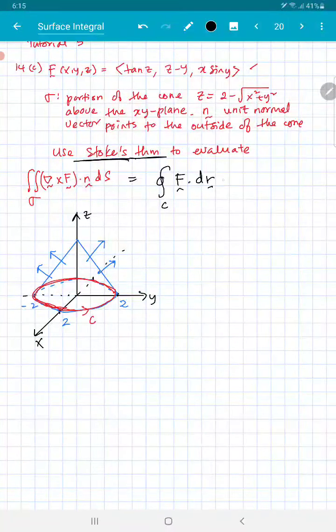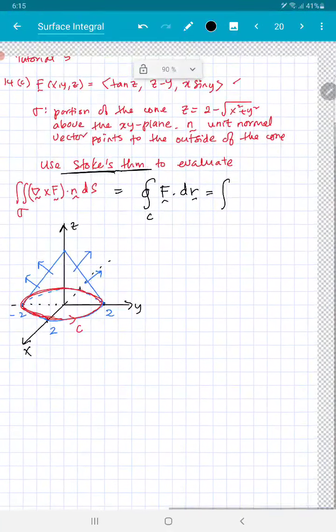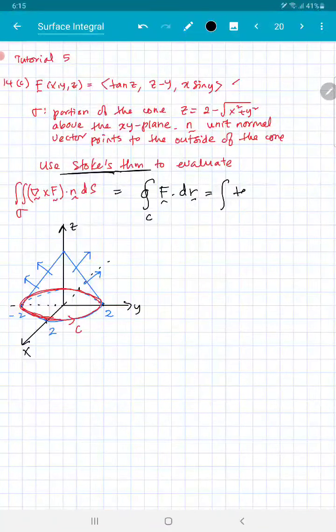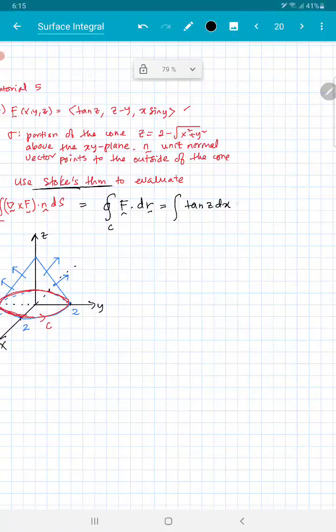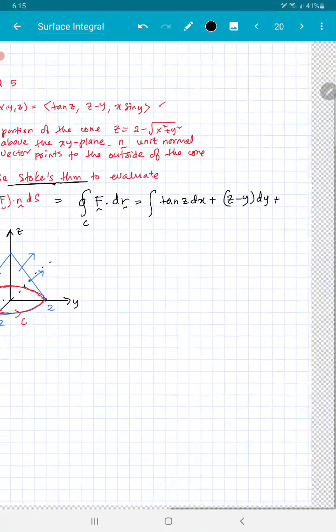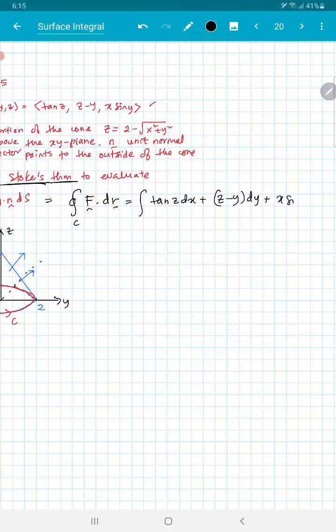Remember, F dot dr is the x component of the vector field F times dx, plus the y component, z minus y, dy, and the z component, x sine y, dz, over closed curve C. So this is what we need to evaluate, not the surface integral.